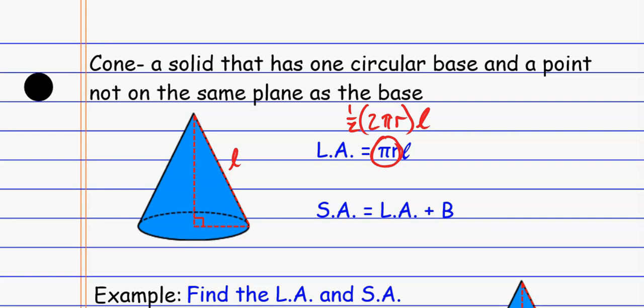It just so happens that the perimeter of a circle is 2 pi r, and when you simplify that, the 1/2 and the 2 cancel out, so I'm left with pi r L: pi times the radius times the slant height. The surface area, once again, is the lateral area plus the area of the base. So it's all the same stuff. We just have a special formula because circles have special formulas for perimeter and area. They deal with the radius, they deal with pi.